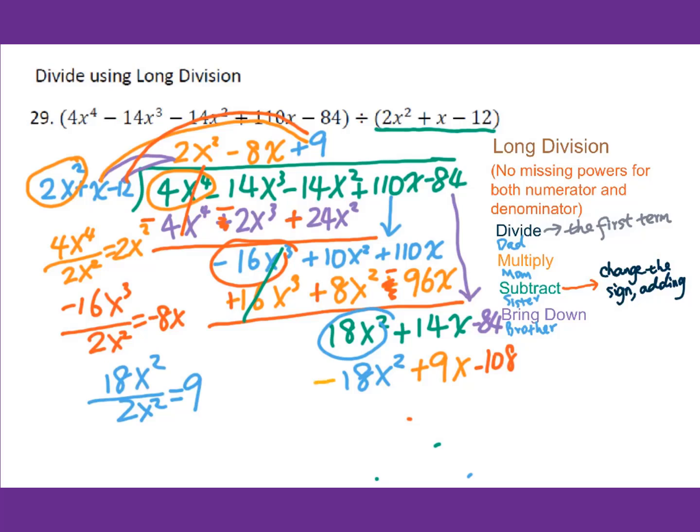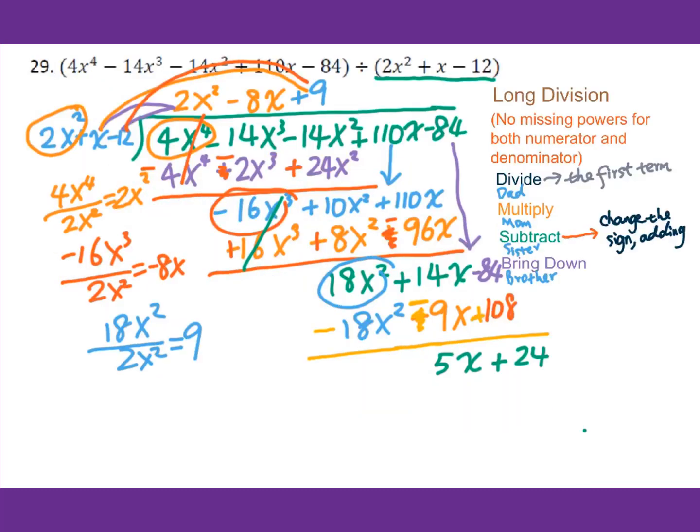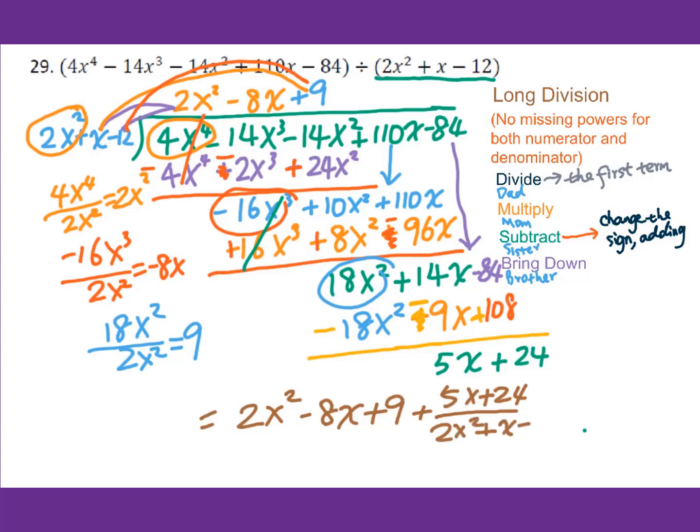So change the sign, adding. You will get 5x plus 24. Therefore, the final answer will be 2x squared minus 8x plus 9 plus 5x plus 24 over 2x squared plus x minus 12.